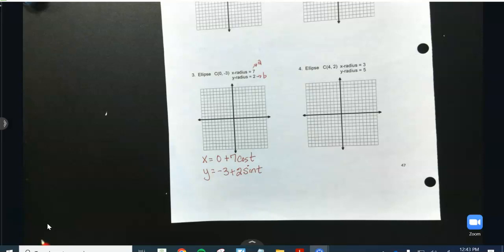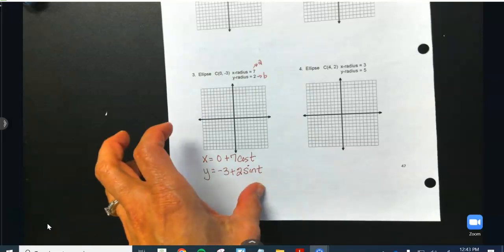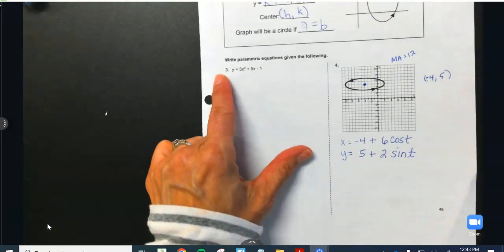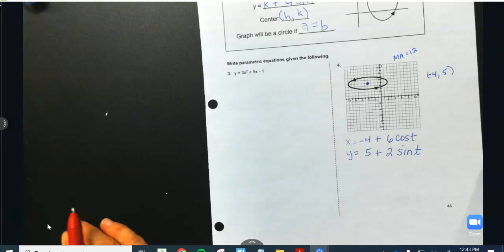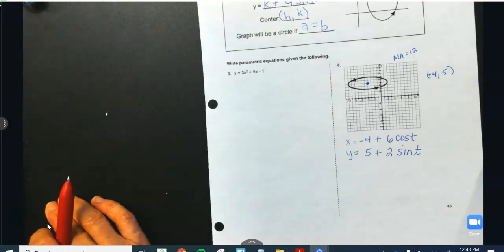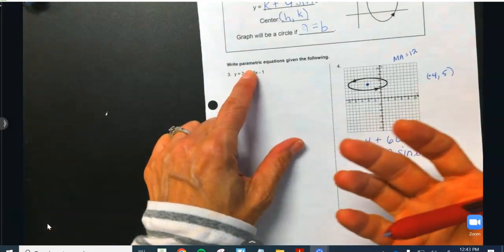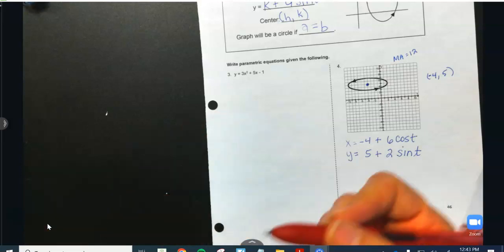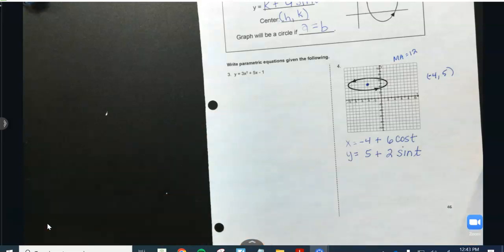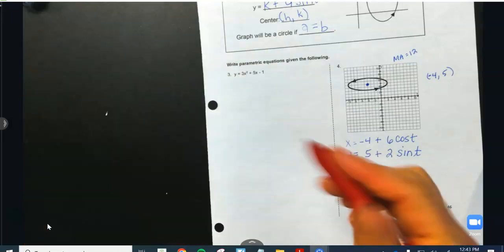Okay, so remember how we skipped problem 3? Let's go back to problem 3. Flip it back. Problem 3 is not an ellipse and it's not a circle. What is it? A parabola. What does parabola sound like? Parametric. So if I ask you to write a parabola in parametric form, don't overthink it. It is this simple.